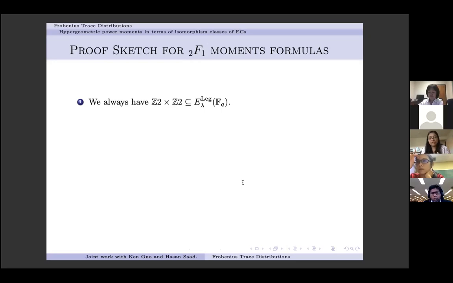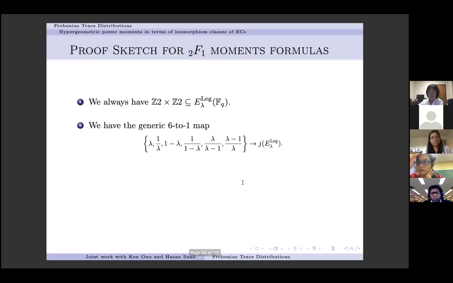To do this, we use two facts. One important fact is that the Legendre normal form of elliptic curves contains the subgroup C2 times C2. And when the j-invariant of the curve is different from 0 and 1728, this set maps to the same j-invariant. That means if we consider a Legendre normal curve where lambda is one of these values, then they are either isomorphic over F_q, or they are quadratic twists of each other.